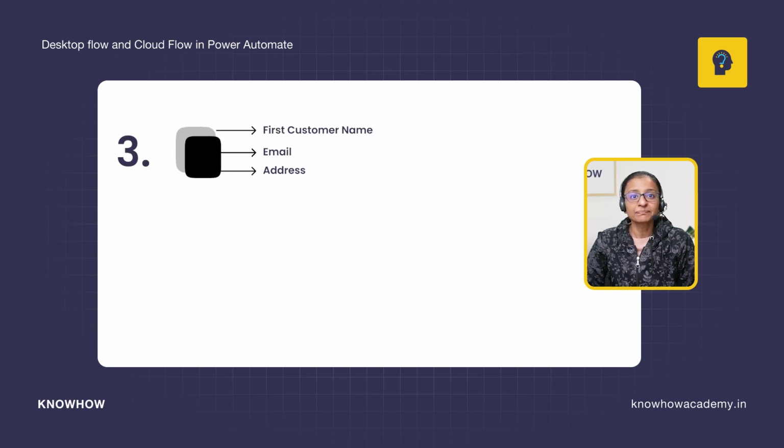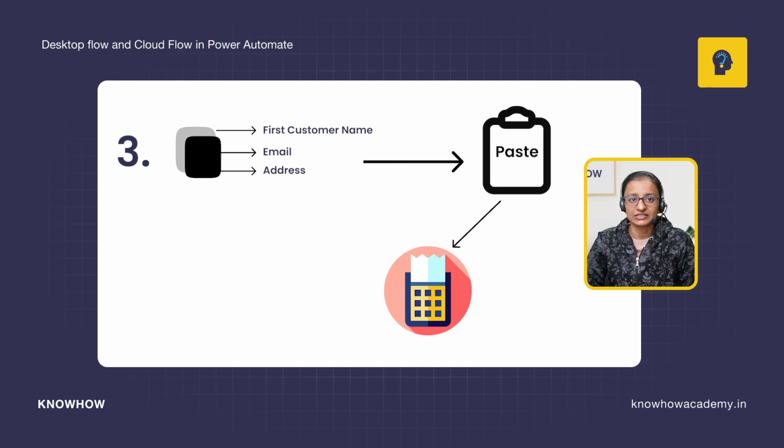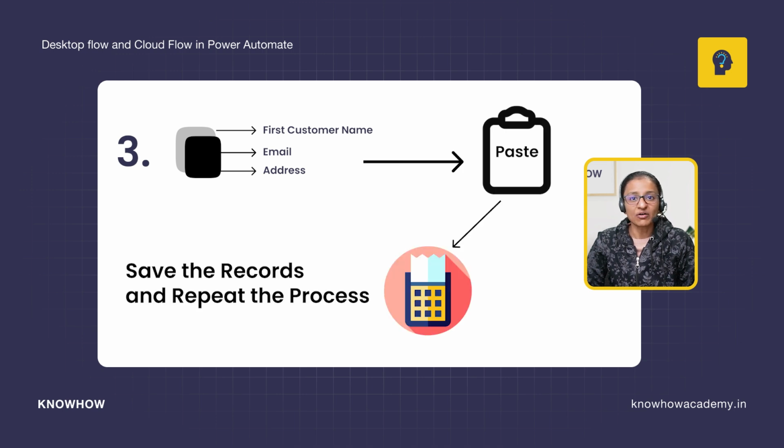Third, you will paste that copied data into the billing software fields. Then you save the record and repeat the process for every customer in the Excel file. Now here, what is the problem? The problem is this task is repetitive, time consuming and prone to error if done manually.